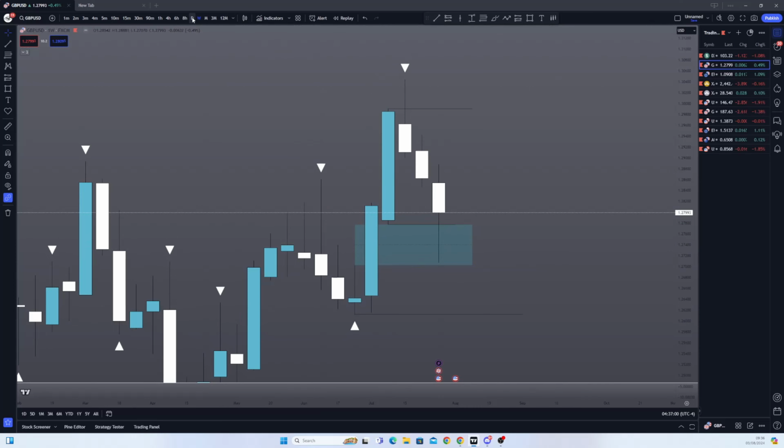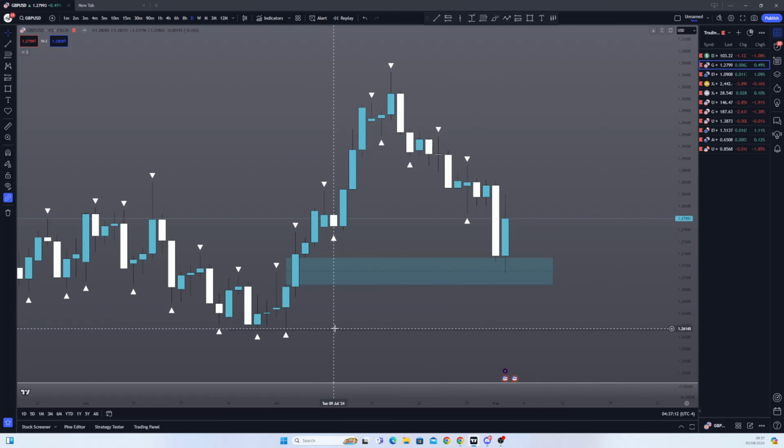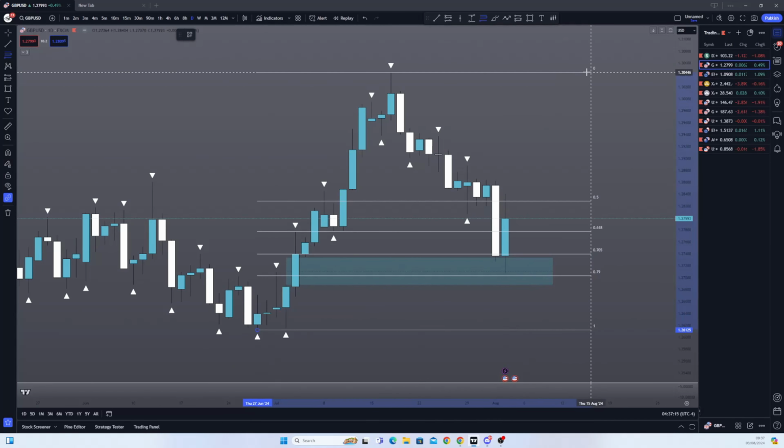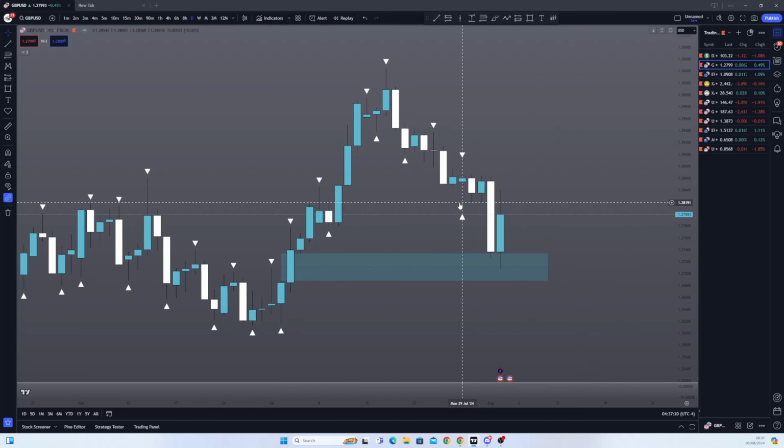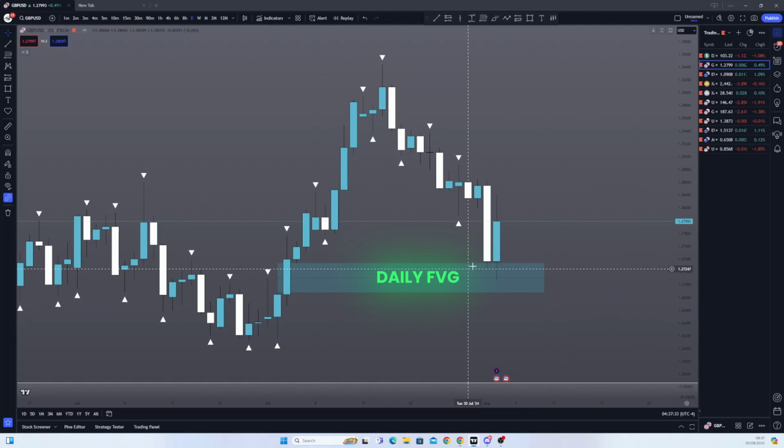If we drop into the daily time frame, coming up to Thursday, it was obviously NFP week. Monday's candle is accumulation. We accumulated, and then on Thursday's candle we manipulated just inside of the daily fair value gap.